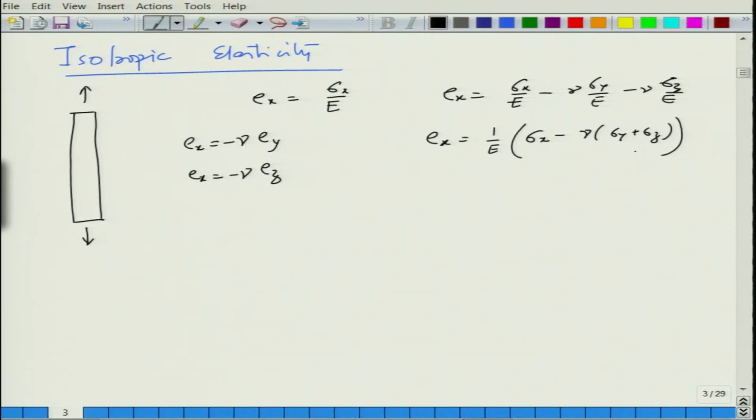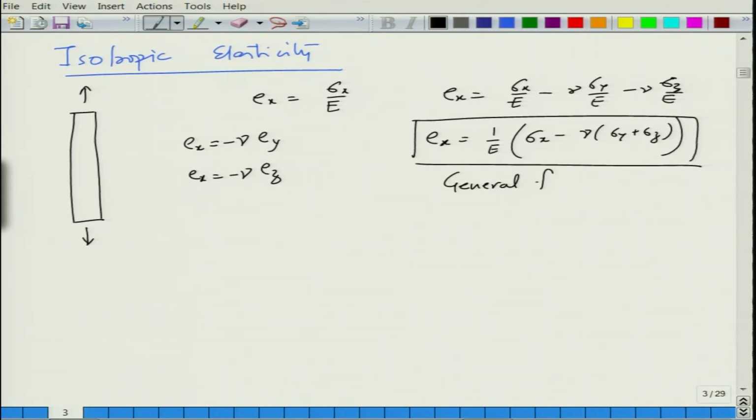This is what you can say is the general form of Hooke's law. This is where we were in the last class. This is strain, this is modulus, and this is the overall stress that the material faces, giving rise to a net deformation.